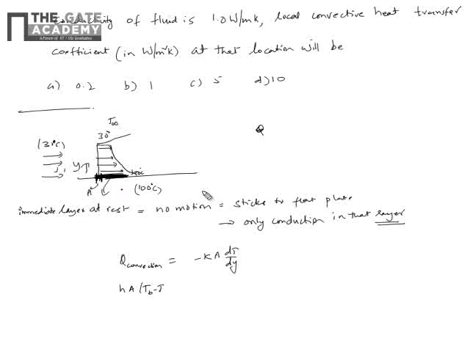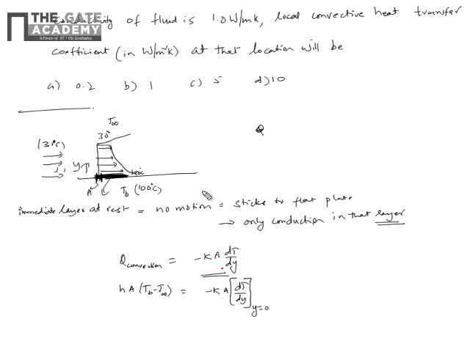So when you keep a hot solid plate, the amount of heat that is convected is hA (T_B minus T infinity), and that is equal to minus kA dT by dy, where the temperature gradient is at y equal to 0, because the conduction occurs only in that immediate layer.